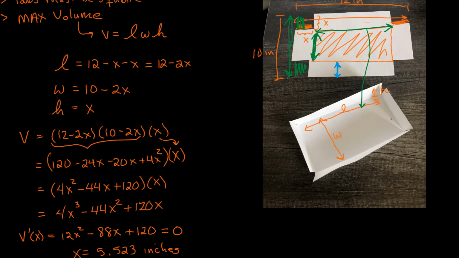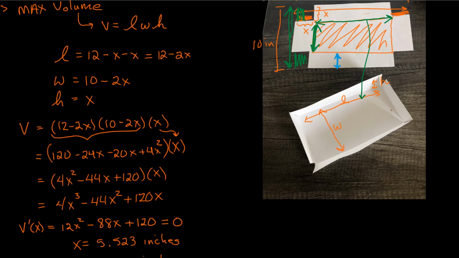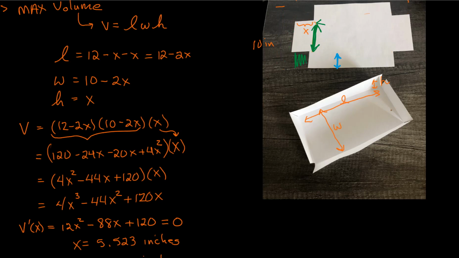Well, if you'll notice, the width is only 10 inches on the starting piece of cardboard stock. If we cut out a tab that's 5.5 inches, that's a problem. What's going to wind up happening is, and I'm going to erase some of this, coming down from the top, if I cut a tab that's 5.5 inches, it'll work fine there, but it's going to come down 5.5 inches.